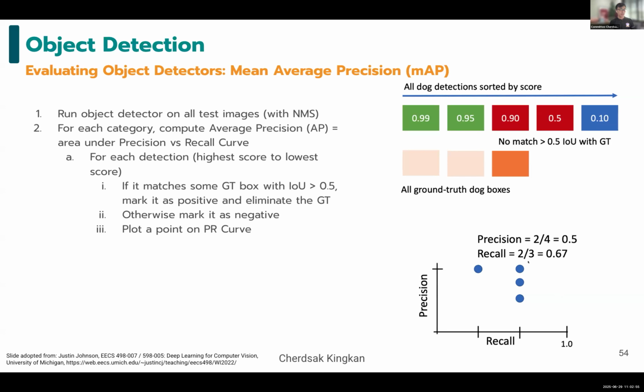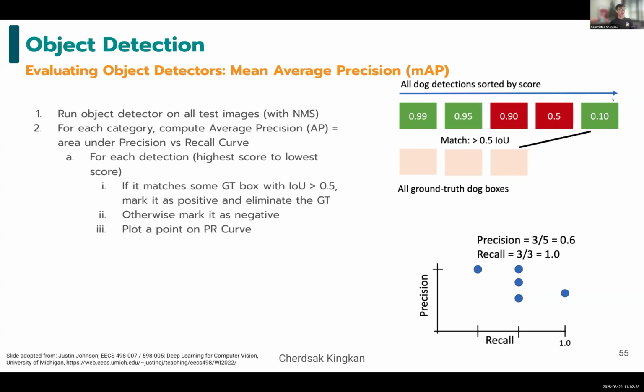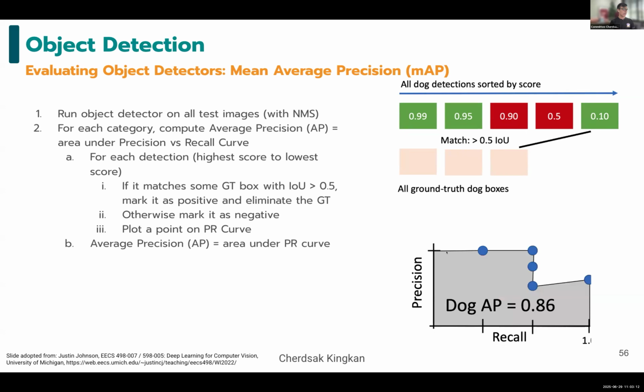We plot it again, and we repeat it again with this one. So luckily, this one is matched with the last ground truth, and it has overlapping area greater than 0.5. So we plot it in here, and then after that, we calculate this area.